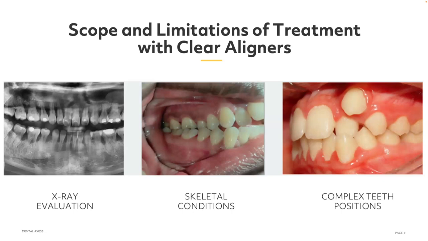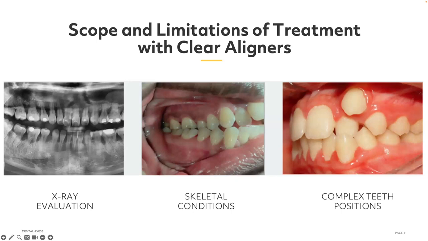So if we are going to treat a patient with a very class 3 skeletal condition, we cannot tell the patient the bite is going to improve just by moving the teeth, or by trying to retract just to improve the bite. We need to be careful about what we can achieve and what we cannot, and explain to the patient this needs to be treated with a surgeon, not just with an orthodontic process.